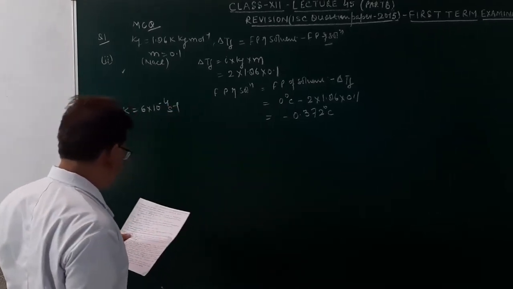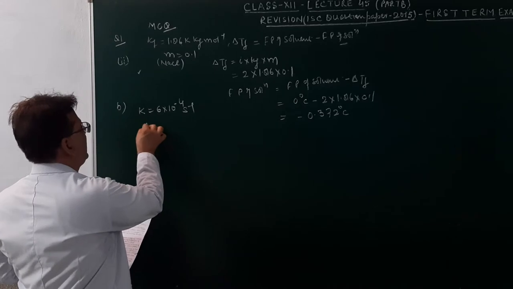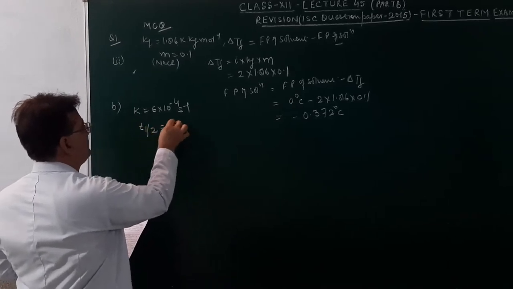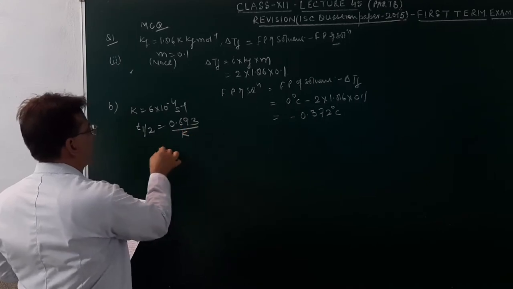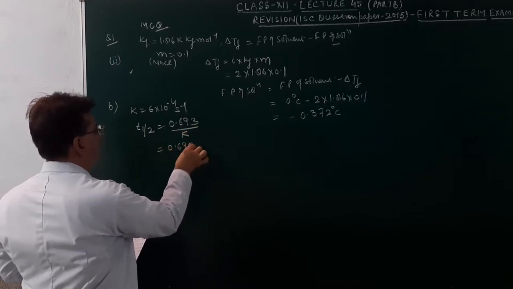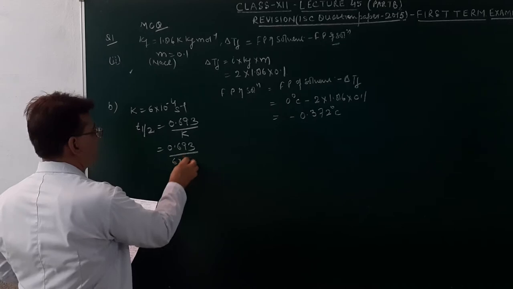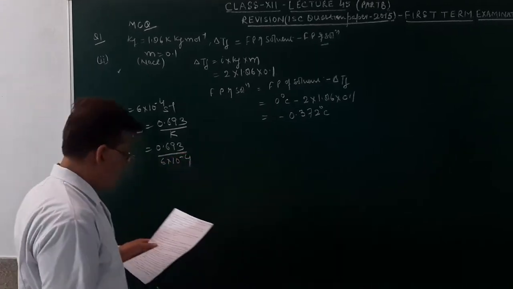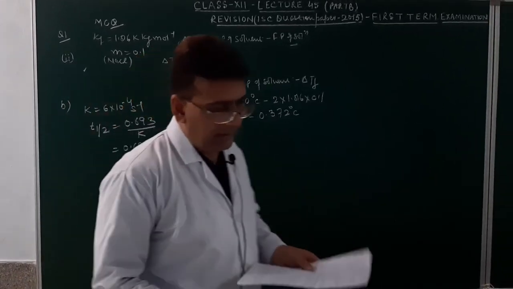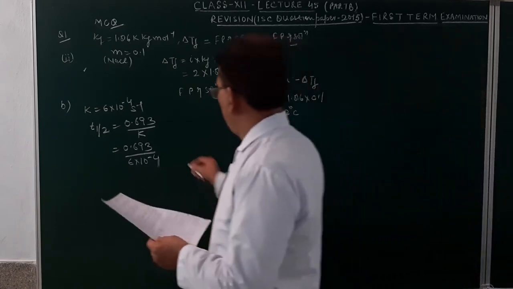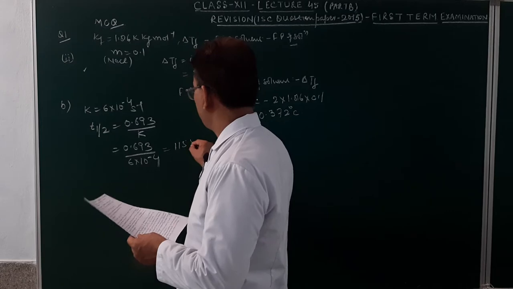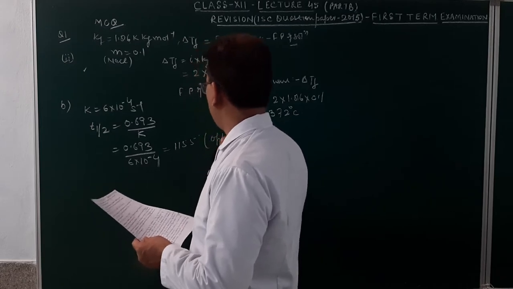The half-life period for the same will be T half equal to 0.693 upon K, which is 0.693 upon 6 into 10 raised to power minus 4. Solve it out and the answer will be 1155. So, option C is the correct answer.